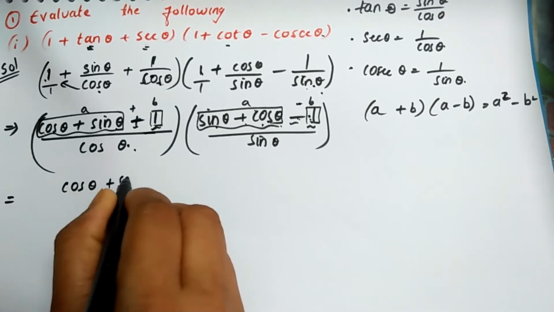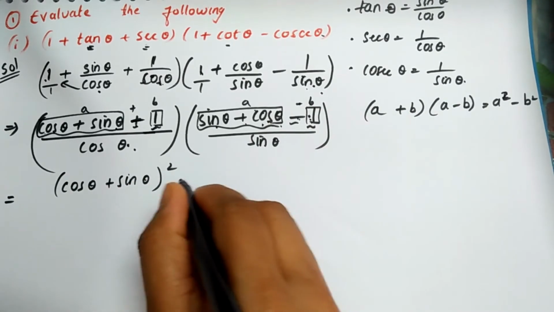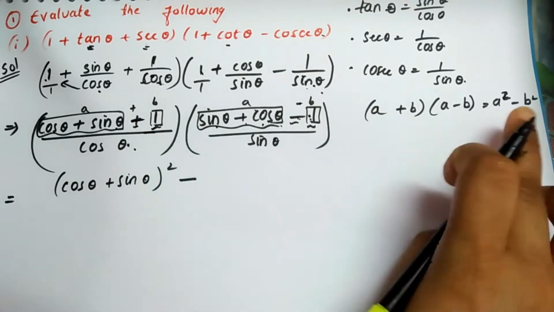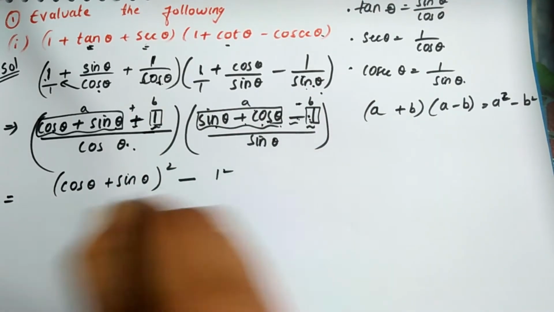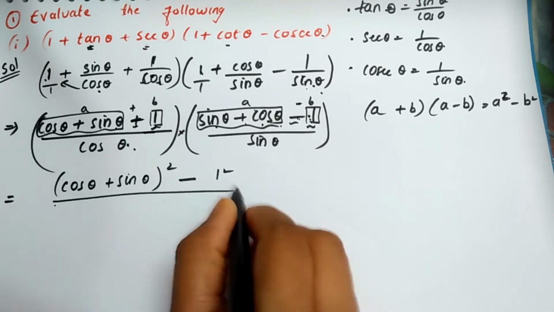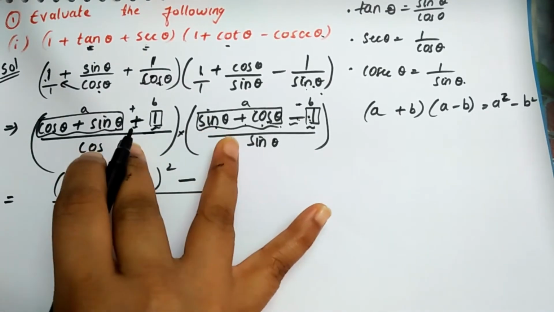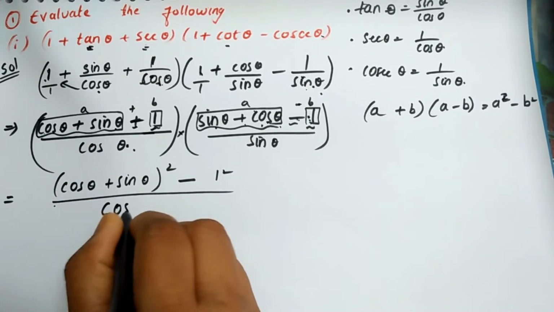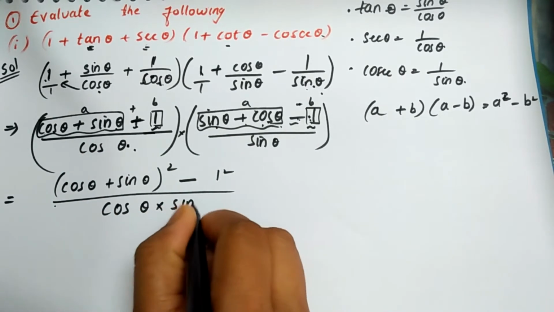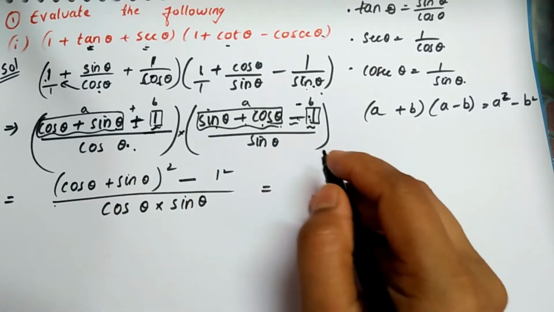Cos theta plus sin theta is a, so the whole square, we have written this, minus, what is our b here? b is 1 square. Okay, we got this. Since it's a multiplication between the two, this doesn't get an LCM, but it gets multiplied. So cos theta into sin theta, right? Now it is very simple.